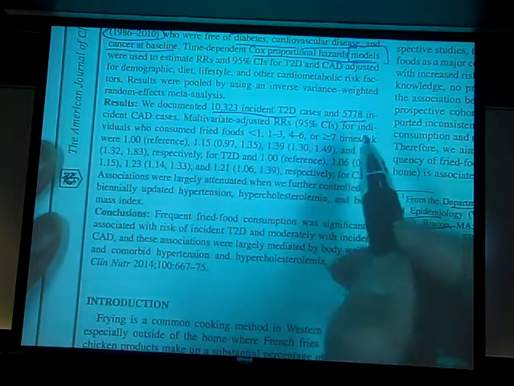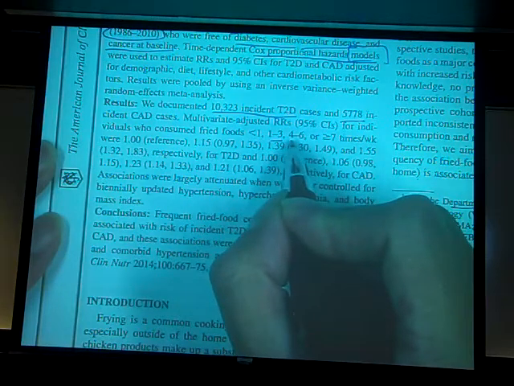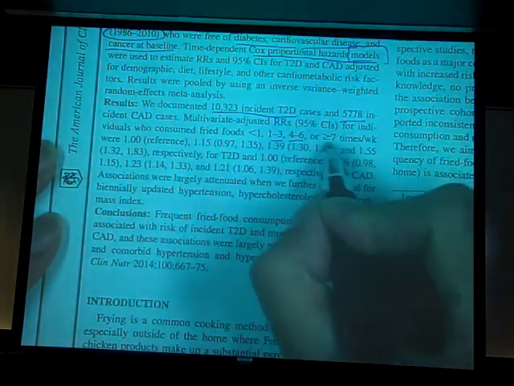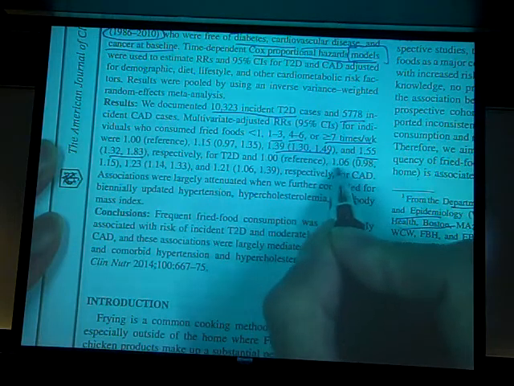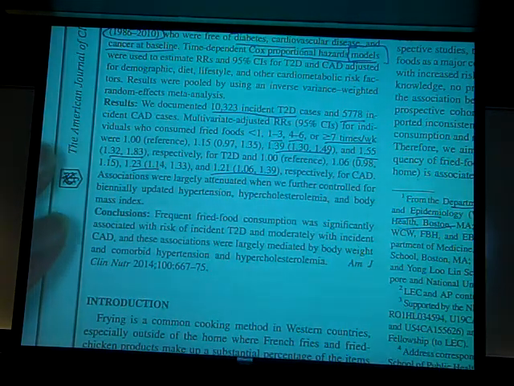Those who consumed fried food 1 to 3 times per week, 4 to 6 times per week, or greater than 7 times per week were a little more likely to experience type 2 diabetes and were a little more likely to experience cardiovascular or coronary artery disease. A risk ratio greater than 1 indicates that the exposure was positively associated with, or increased the risk of, the development of these types of outcomes.